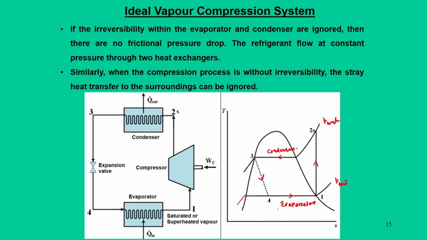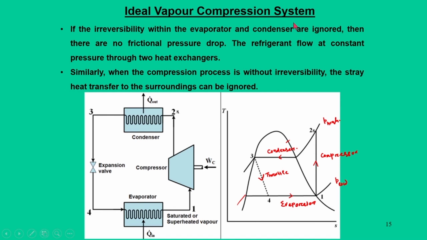So, evaporator, compressor, condenser, then throttle. In a TS diagram, we are now able to show how the cyclic process looks in an ideal version of a vapor compression system.